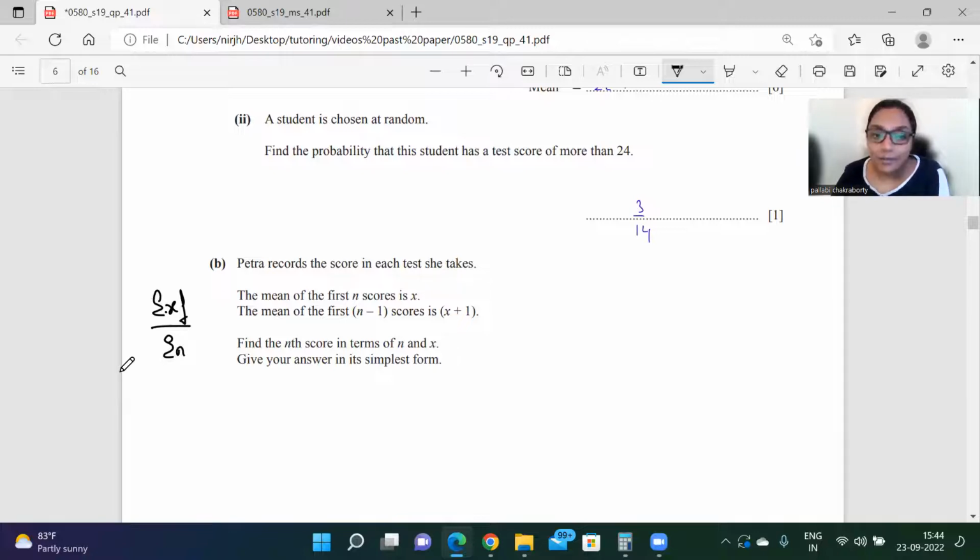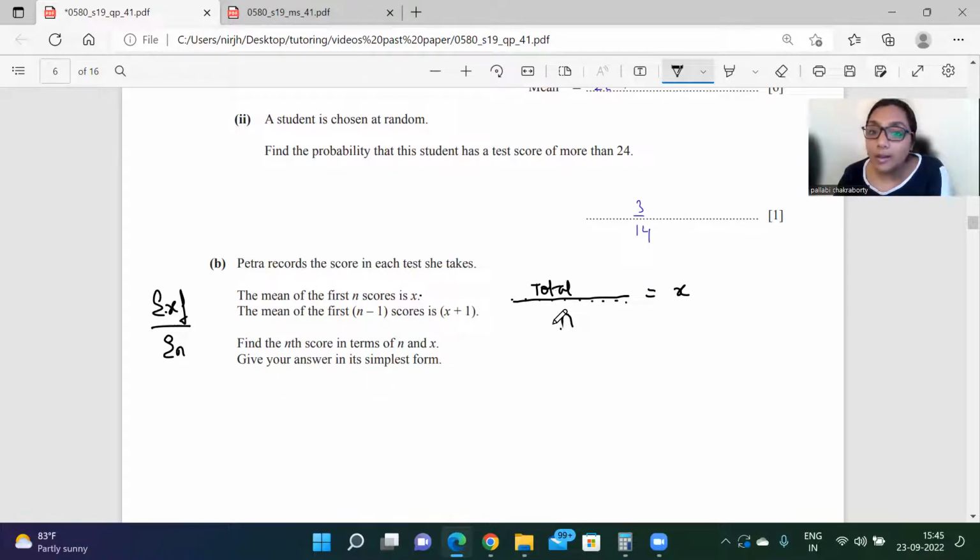That gives you the value of mean. So the mean of the first n scores: there are n scores total, so the number is n. The total divided by the number n gives you the mean, and the mean is given as x.